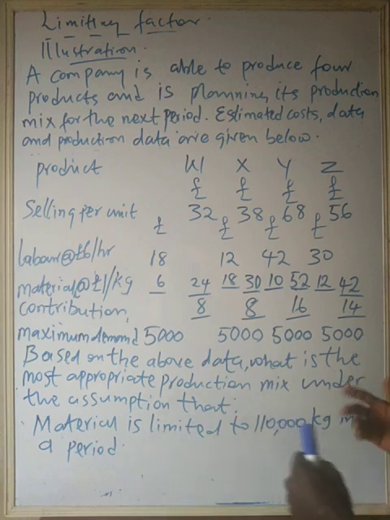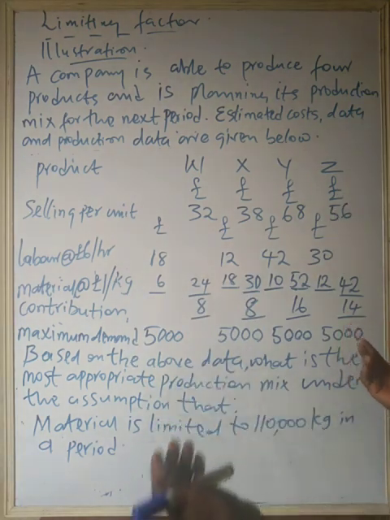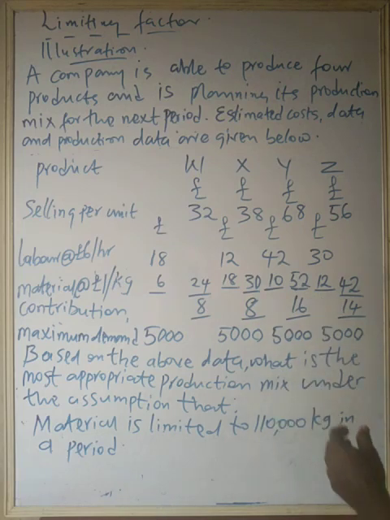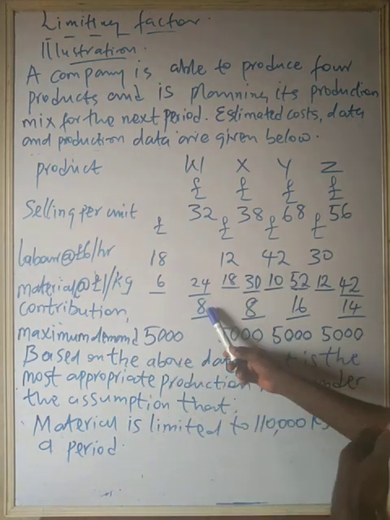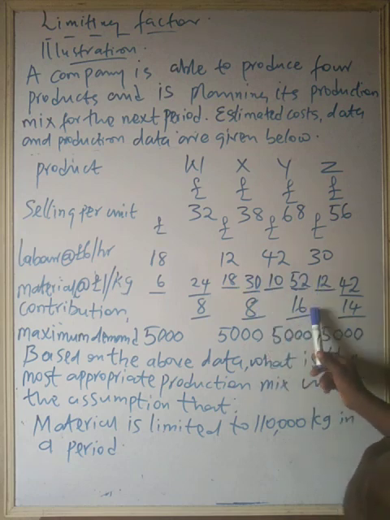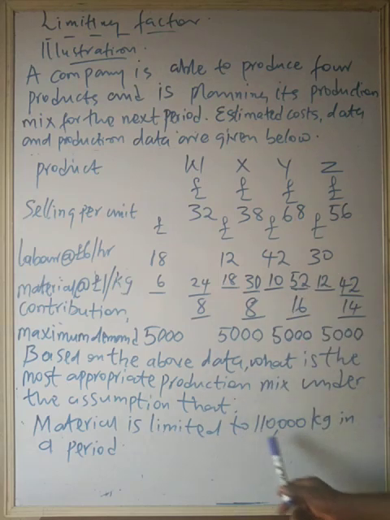When you arrive at contribution, the contribution tells you whether to go ahead or not in making the production. Once you have a positive contribution, you go ahead. Positive, positive, positive, positive. But the constraint is the material.